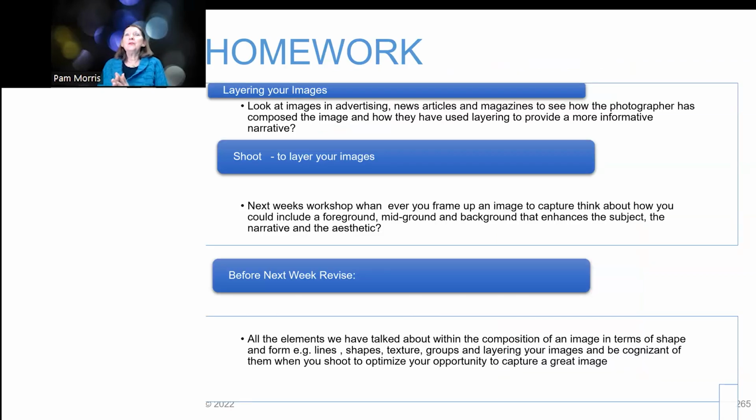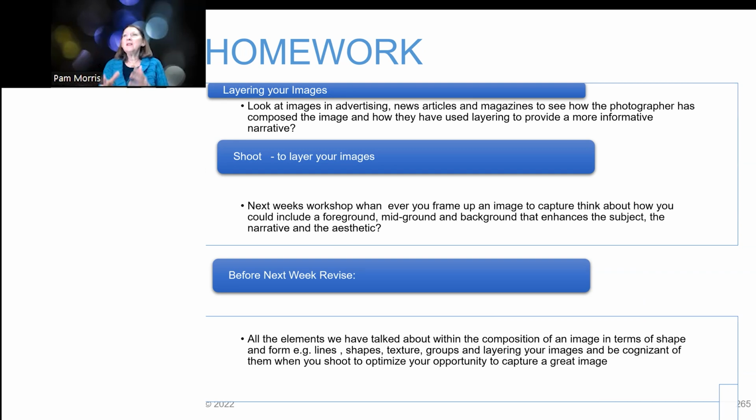So what I want you to do this week is, again, increase your visual vocabulary by looking at images. When on the television, have a look at how cinematographers set up a scene. Have a look at how they layer the image to make the image more visually engaging.